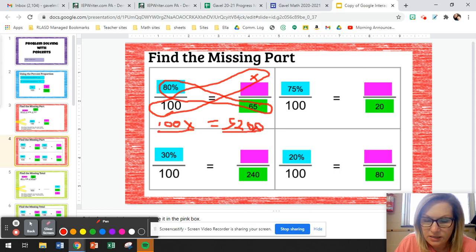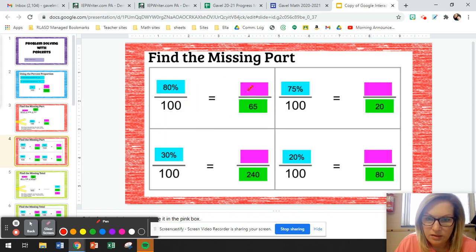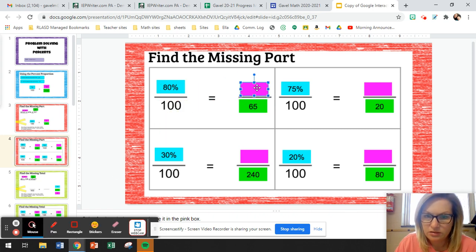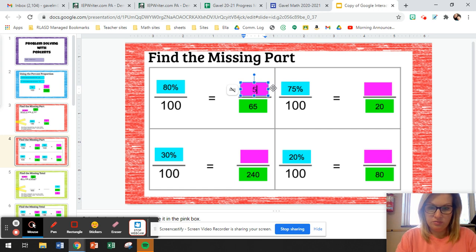Then you're going to divide both sides by 100 to get x by itself. So x equals 52. And then you're just going to click in here and write 52. So here you're going to do 75 times 20, divide by 100. 30 times 240, divide by 100. 20 times 80, divide by 100.